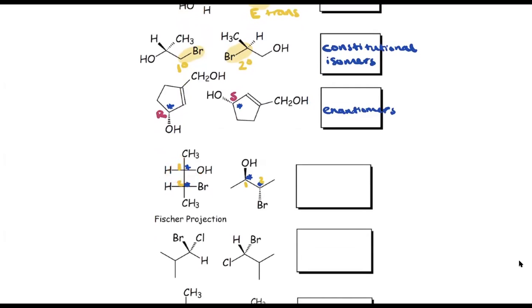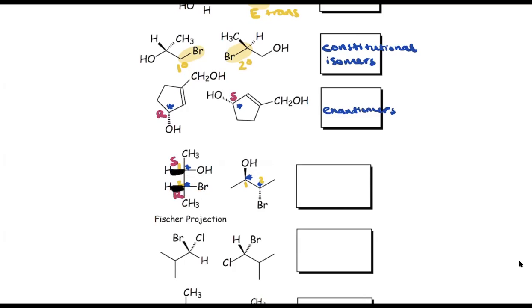Looks like it's going to be R, but remember that the hydrogen is going to be wedged, so it's actually going to be S. Then for the second one, we have 1, 2, 3. Looks like it's going to be S, but you have to flip it, so it's going to be R. Again, what's making you have to flip is the fact that the hydrogen here is wedged.